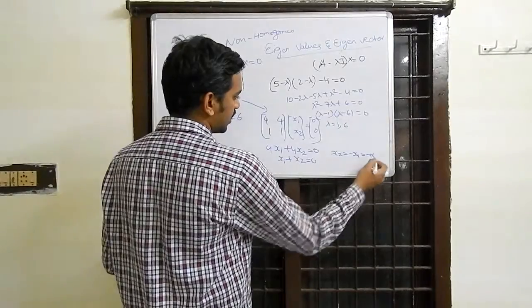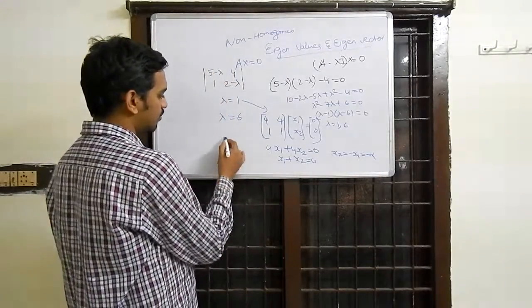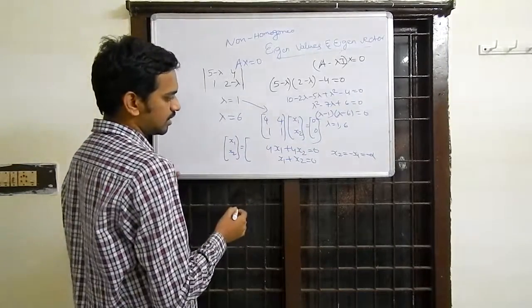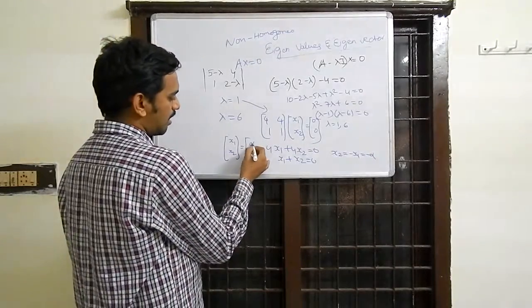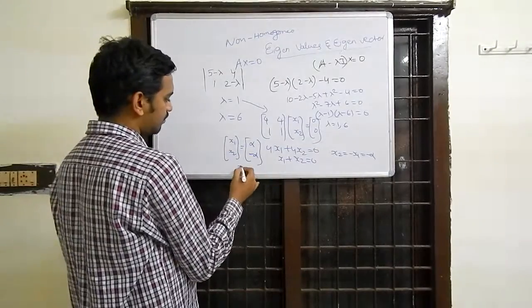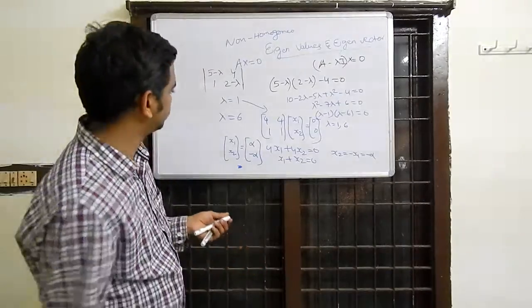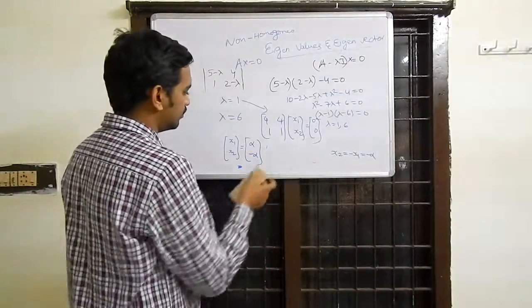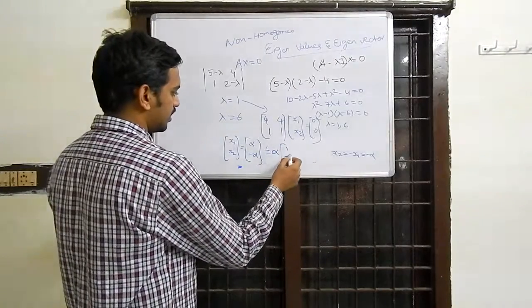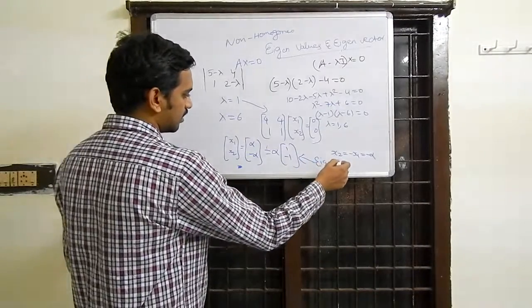I am assuming x1 as alpha. So now the vector x1, x2 is alpha, minus alpha. Taking alpha common, you get 1 and minus 1.